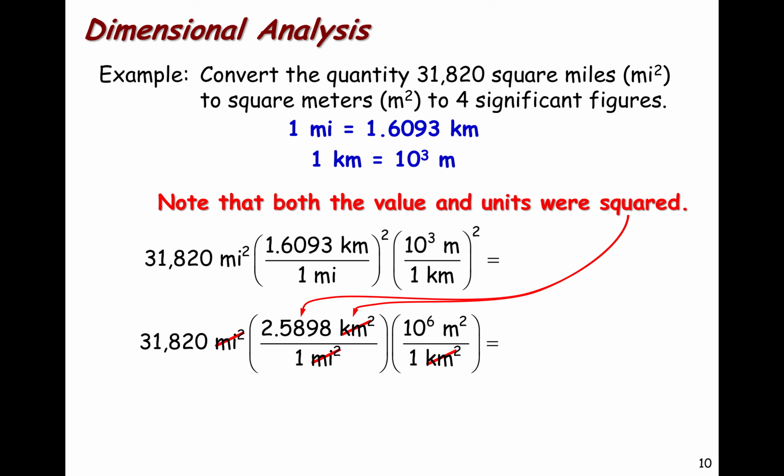We can then do our math, which then multiply everything in the numerator, divide everything in the denominator, and account for the fact that we want to have 4 significant digits.